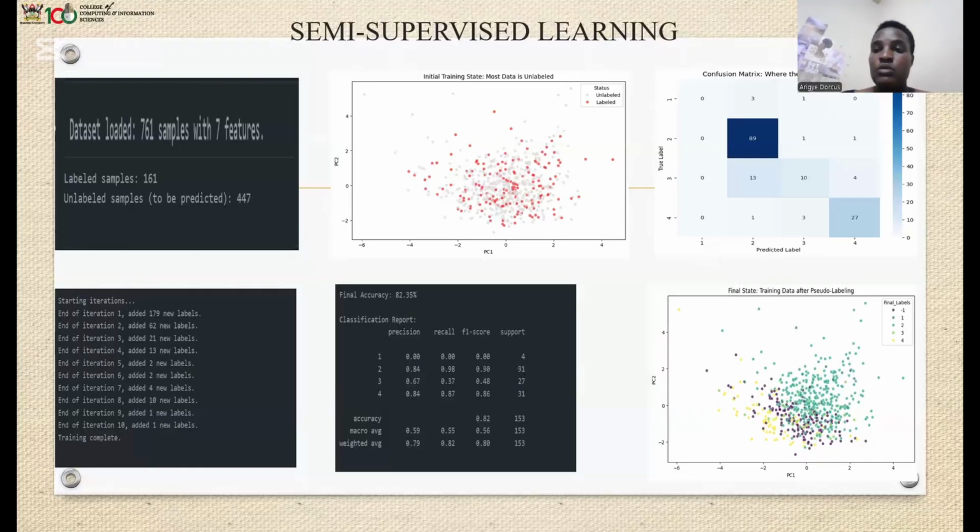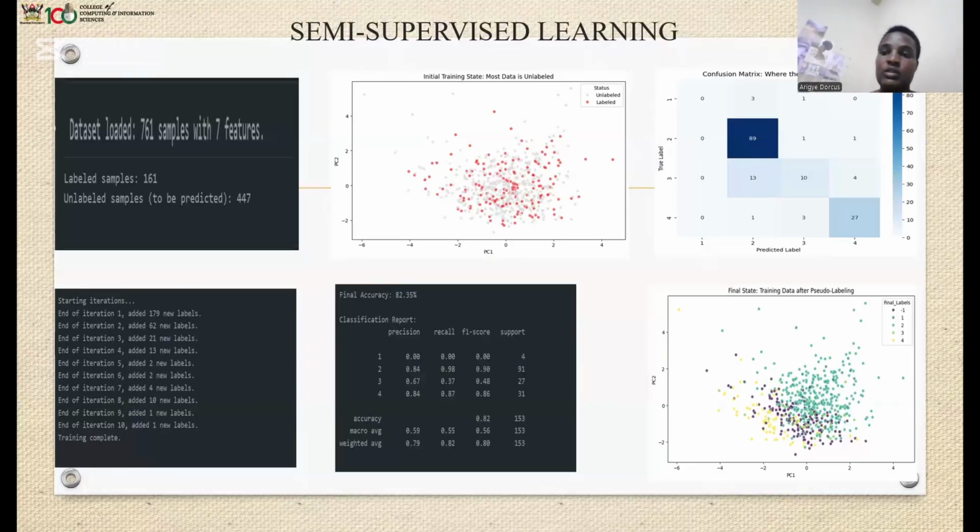Then the final outcome, the bottom right plot represents the final state. The previously gray unlabeled data is now color-coded into 4 distinct clusters. This visual confirms that the semi-supervised approach successfully mapped the structure of the entire dataset using only a fraction of the original labels.